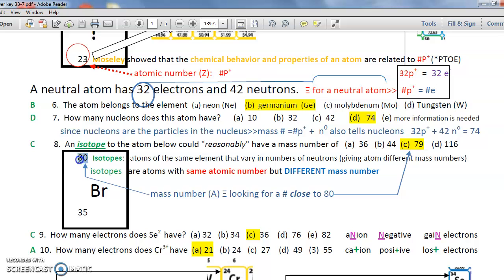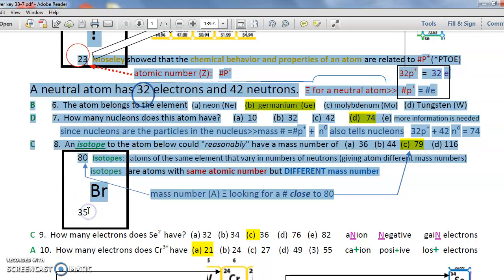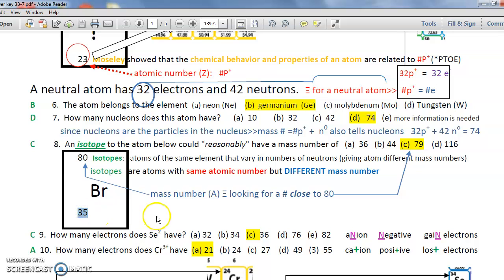If there's an 80 here, and this is 35, that atom would have 45 neutrons. So what would make bromine 79 different than bromine 80? They would vary by 1 neutron. They would both have to have the same number here, 35, or it wouldn't be bromine.